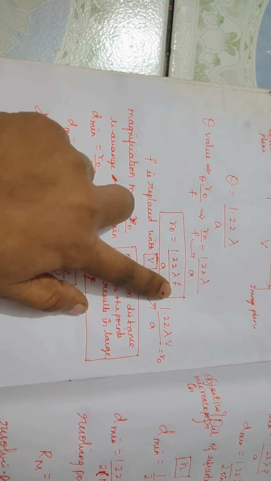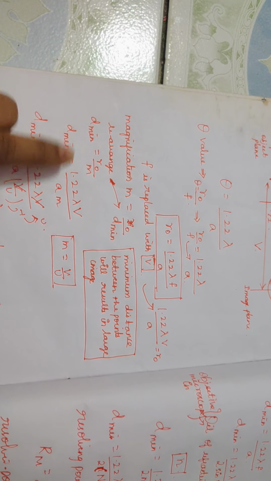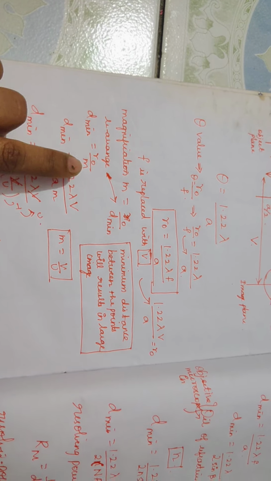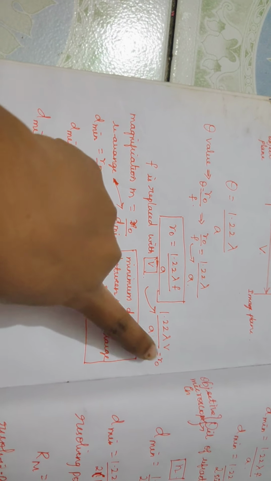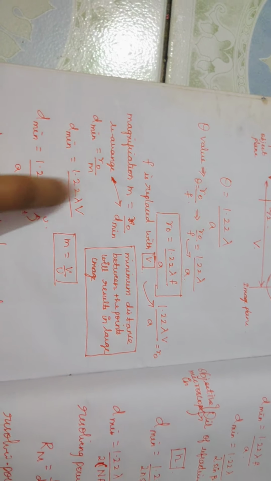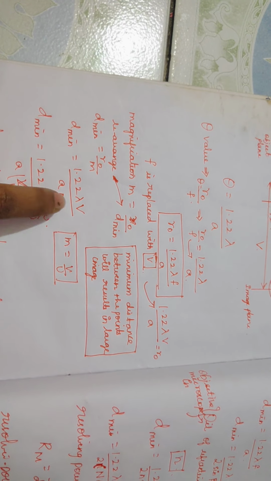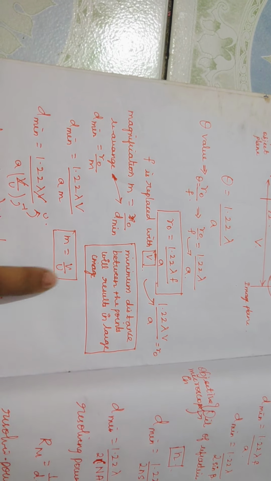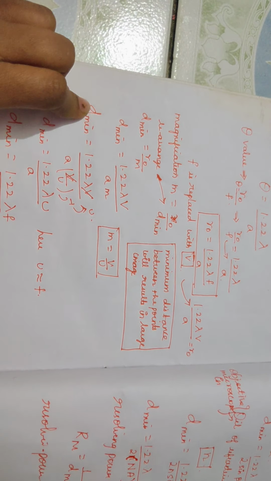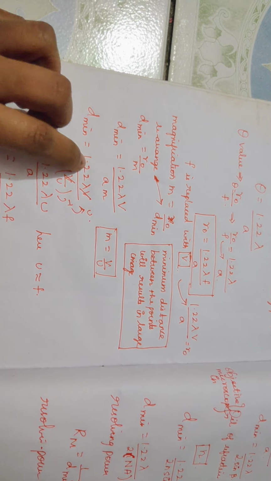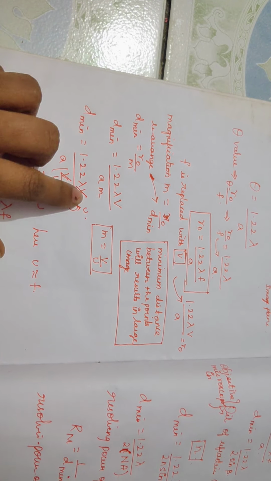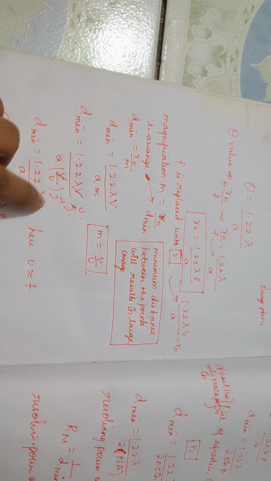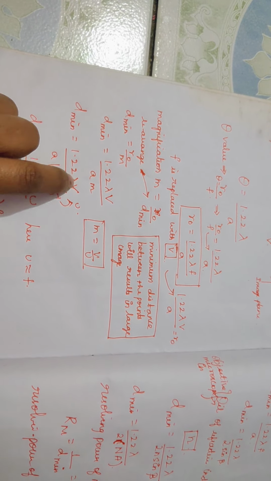Already I have the value for R naught, so just substitute that value. D minimum is equal to 1.22 lambda V divided by A, and this M is there. Here I am going to apply the magnification value as V by U, which is nothing but image and object. So D minimum is equal to 1.22 lambda V, with A in the denominator, and M is V by U. This V and this V will get cancelled.